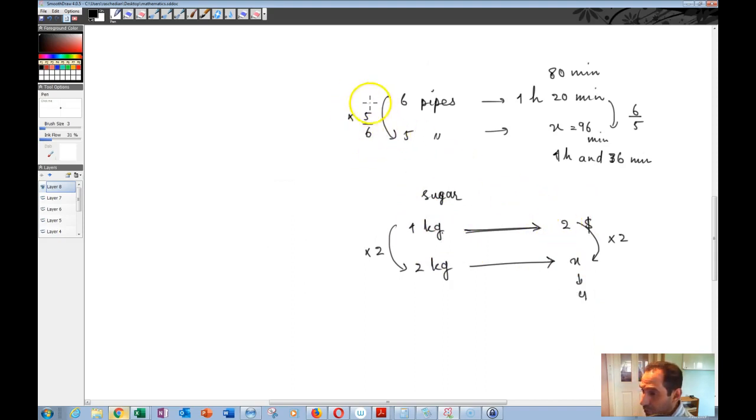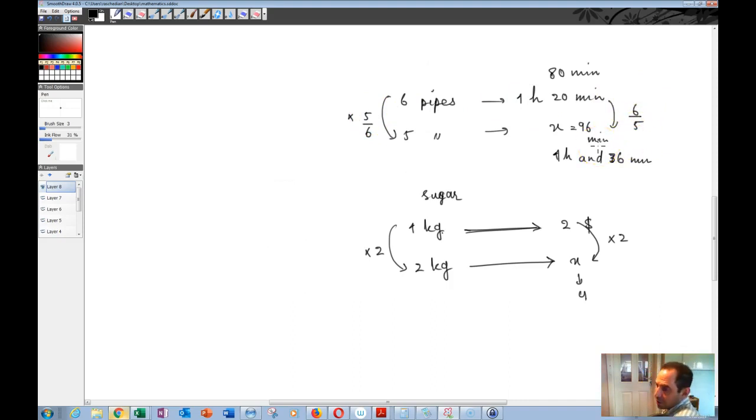But as you saw over here, basically I multiplied 6 by 5/6 to get to this number, 5. But then over here I multiplied this number by the reciprocal of this number. Over here I multiplied by 5/6, and over here I had to multiply by the reciprocal of this, which is 6/5, right?